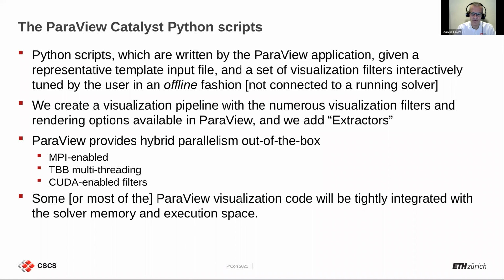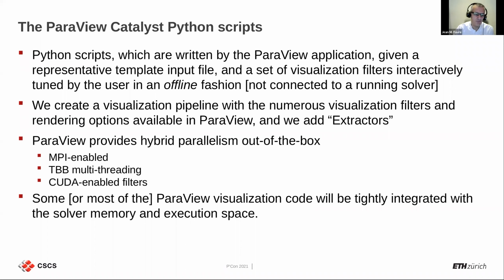You set up all the different parameters and filters and queries that you wish to do. And once you are ready, happy with your visualization, you ask ParaView to save the corresponding Python script to disk. That Python script can then be complemented with a few of those extractors to save data and images to disk, and you have at your disposal a Python script that is ready to run in situ.